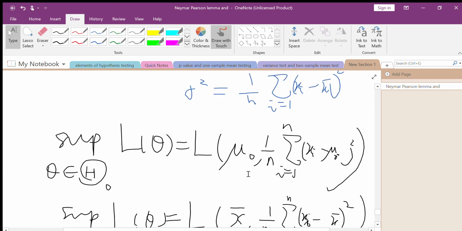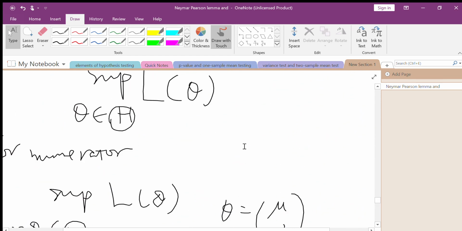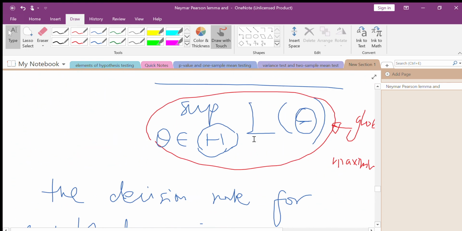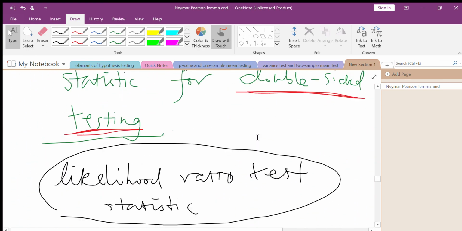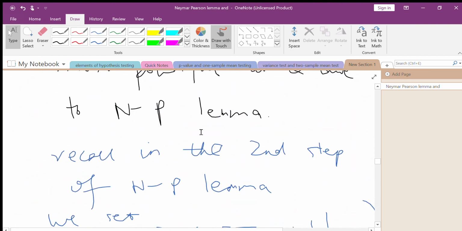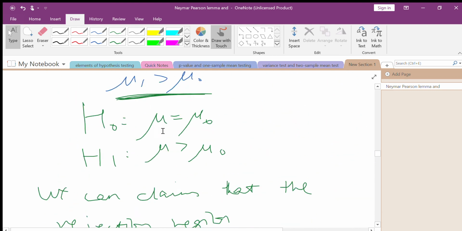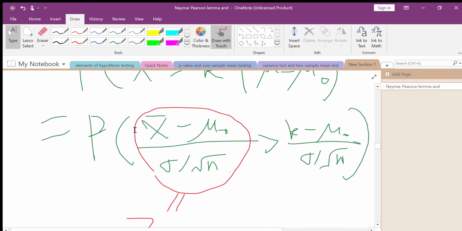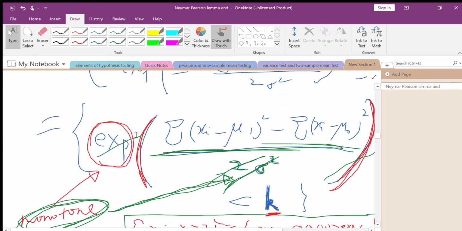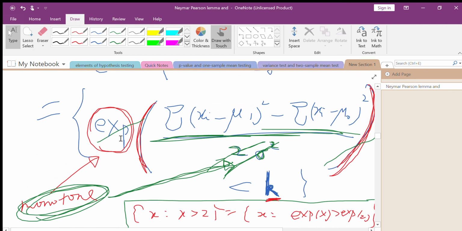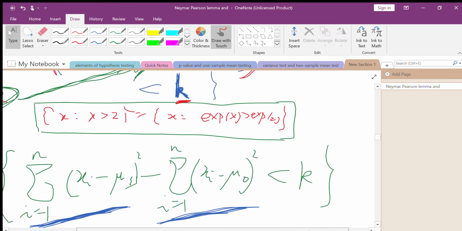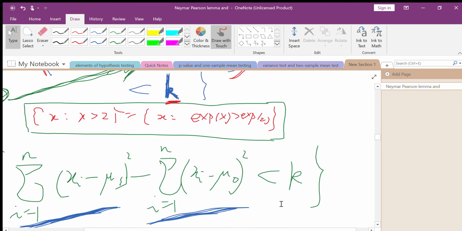Recall, let's do a comparison. It's like what we have done for the first set equation. You see, we have exponential here, but we can eliminate it because we have set equation, and k keeps changing, but we always write k.